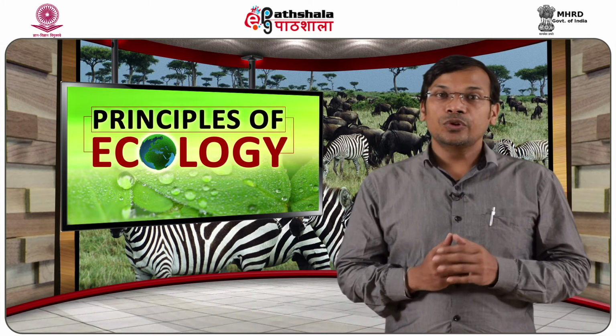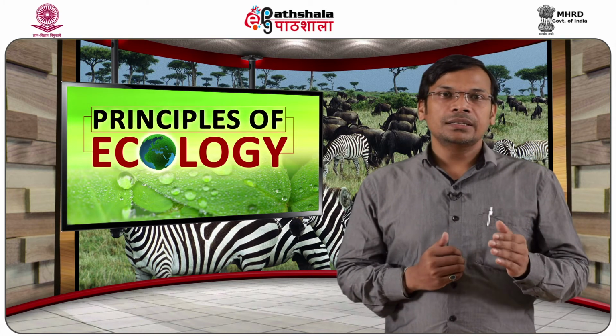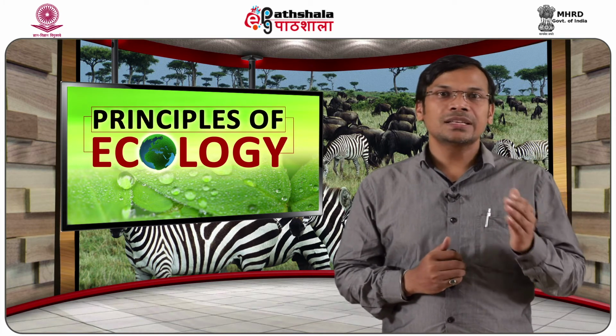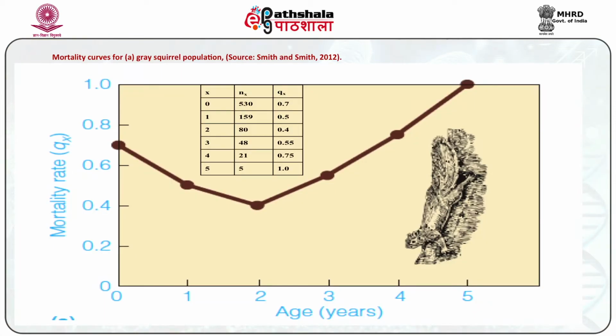Mortality curve for the life table presented in the figure of grey squirrel: for the grey squirrel cohort, the curve consists of two parts, a juvenile phase in which the rate of mortality is high, and a post juvenile phase in which the rate decreases with age until mortality reaches some low point, after which it increases again.